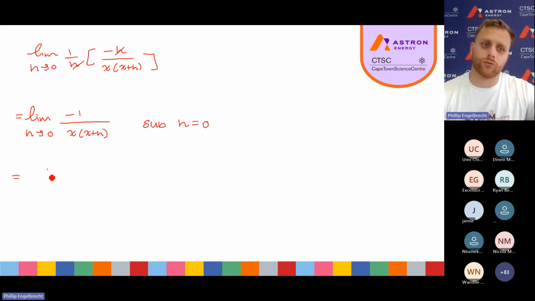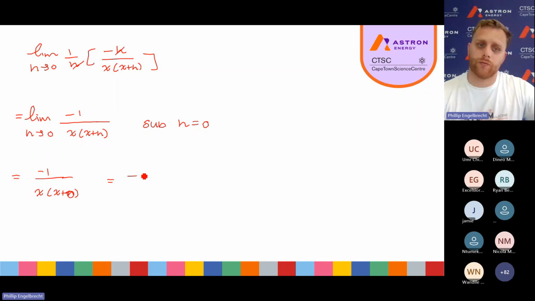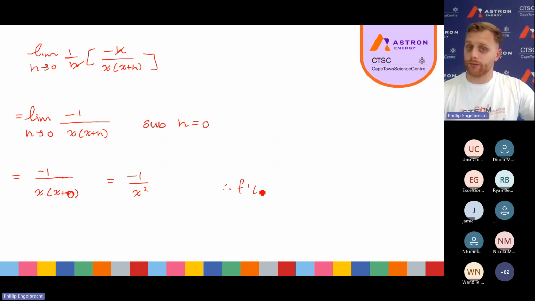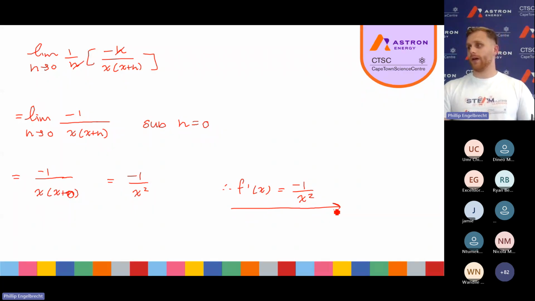So this is equal to negative 1 over x times (x plus 0). And this is therefore equal to negative 1 over x squared, because this just becomes x times x. So therefore, the first derivative is simply equal to negative 1 over x squared. And there we go. Okay, well done.